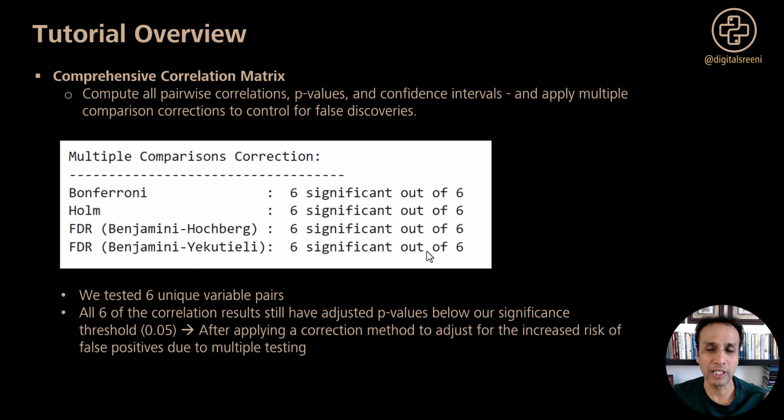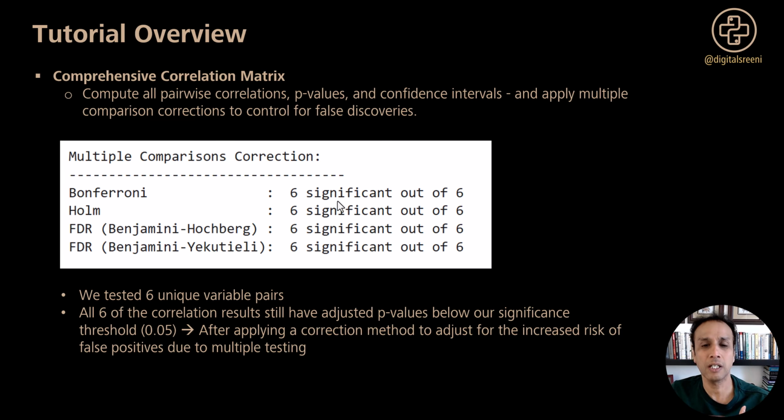Well, it's very simple. On the screen, you see it says 6 significant out of 6. What does that mean? We tested 6 unique variable pairs, like flipper length versus bill depth or something. We have 3 variables and then 6 unique pairs of these where we are looking for correlations. Of all those 6, upon applying these corrections, we realized that they still are correlated.